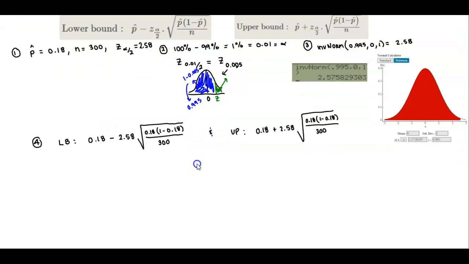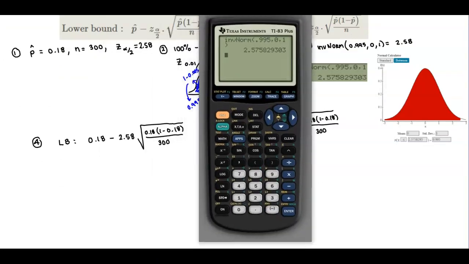Okay, so let me show you how we do this in the calculator. If we take this value here, we can work using order of operations. We're going to work inside the square root sign. So we're going to take this 0.18 and multiply it by 1 minus 0.18.